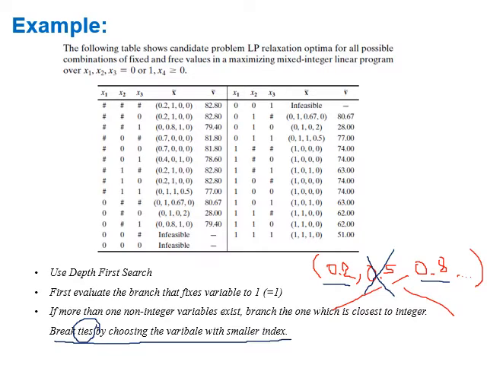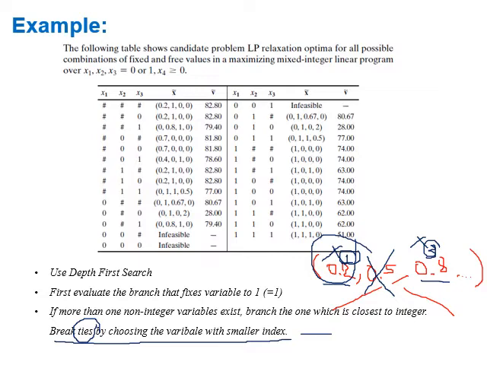If two alternatives have exactly the same distance, then we should select the variable which has the smaller index. This is x1 and its index is 1, and this is x3 and its index is 3. So in order to break this tie, I would select x1 because its index is smaller than the other one. So I will first branch on x1 according to this rule.